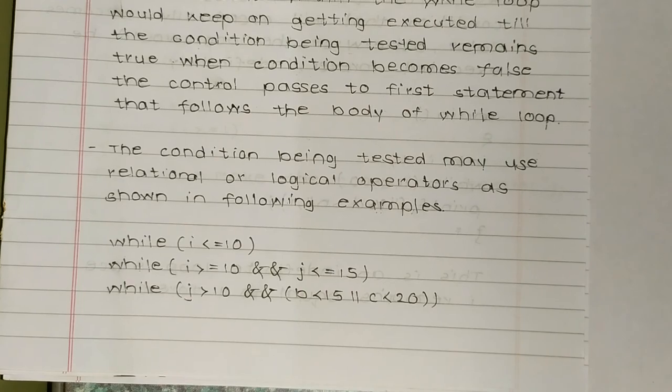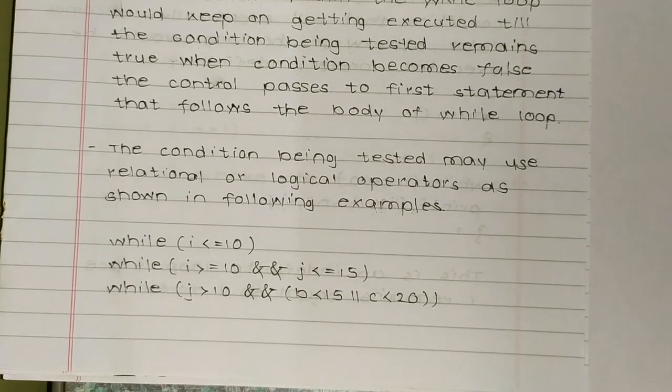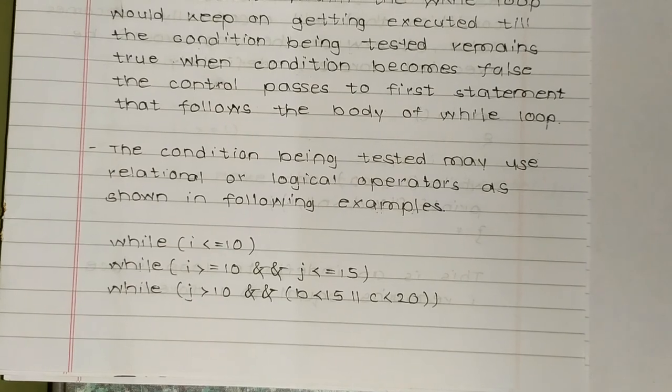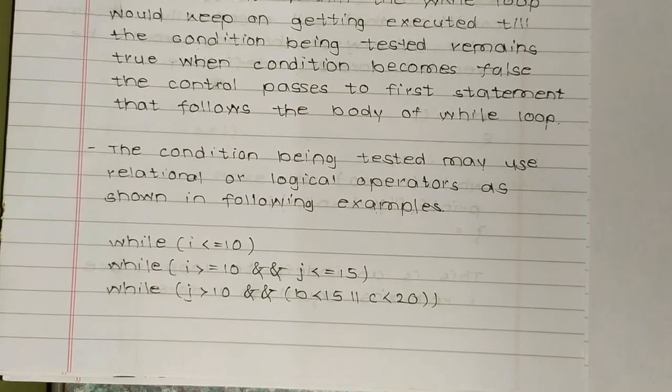Then while i is less than or equal to 10 and j is less than or equal to 15. So this is another condition. These logical conditions can also be used in a while loop.